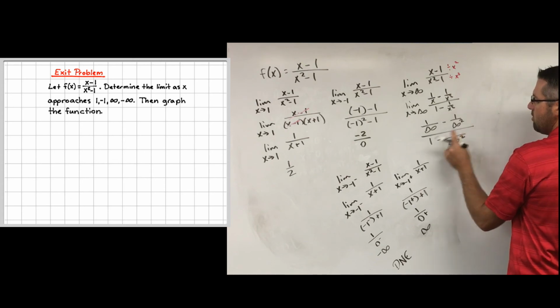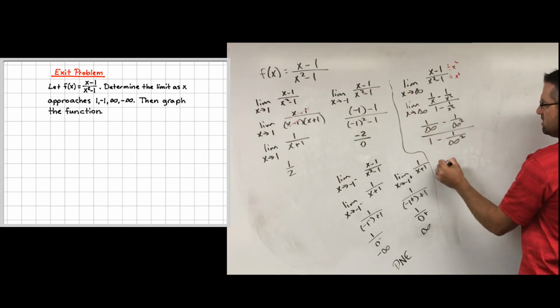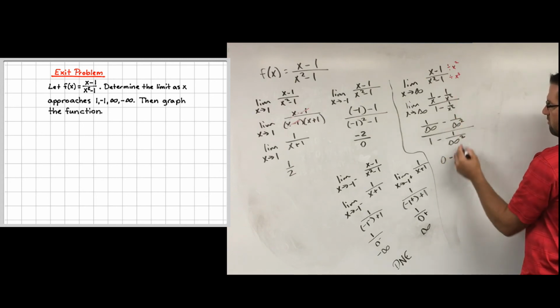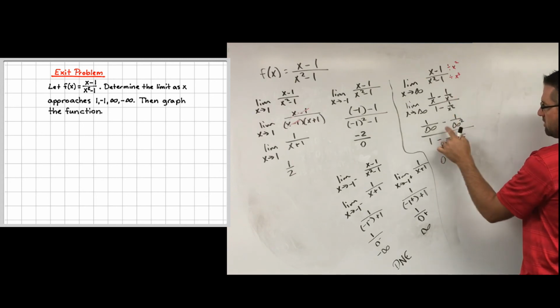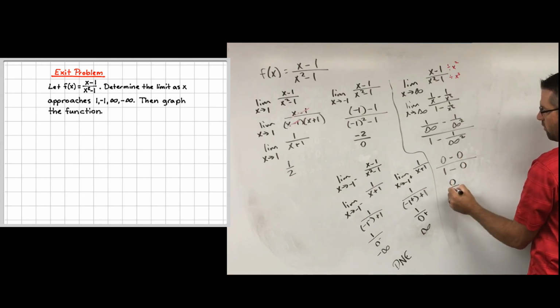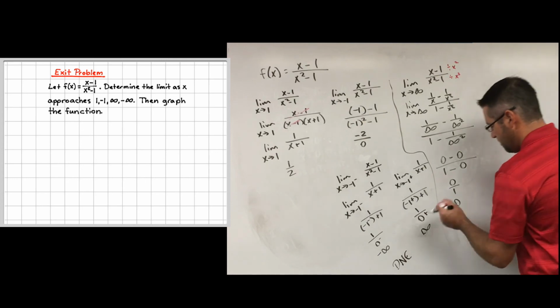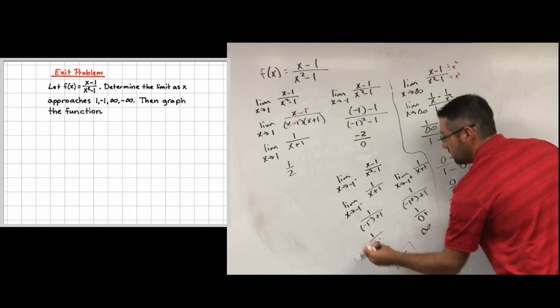Remember, 1 over infinity is 0. 0 minus 1 over infinity squared is 0. 1 over infinity is 0. That's fine. 1 minus 0. So we end up with 0 over 1, which is 0. Okay? So we can put some boxes around here so we know.